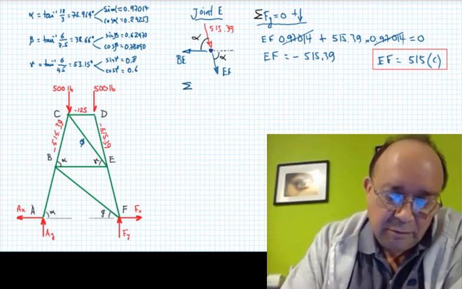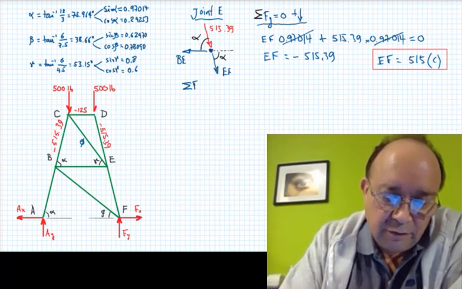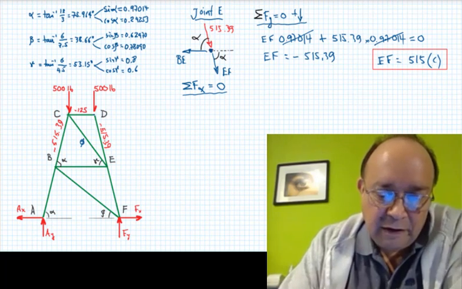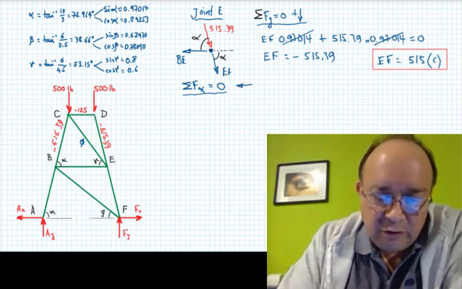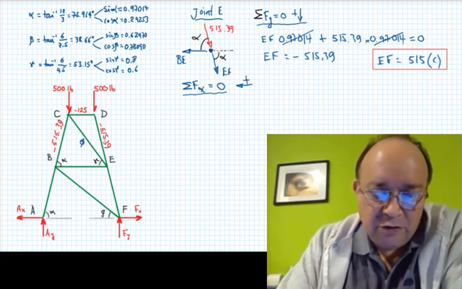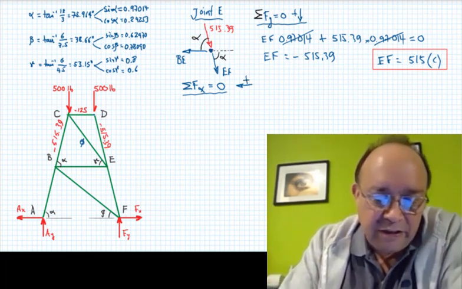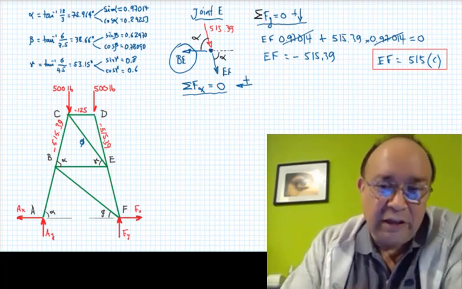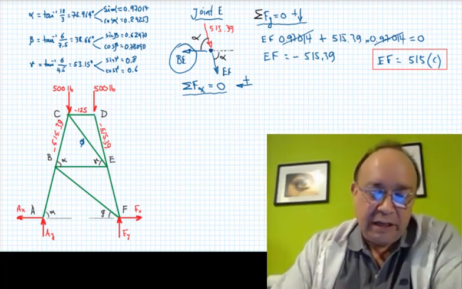And now we can do summation of forces in the x direction. This sigma means summation. Summation of forces in the x direction has to be equal to 0. And I'm going to use here positive to the left. I usually put positive in the direction of the unknown that I'm going to solve, so the unknown gets positive, so I don't have to mess with a negative sign in my unknown.